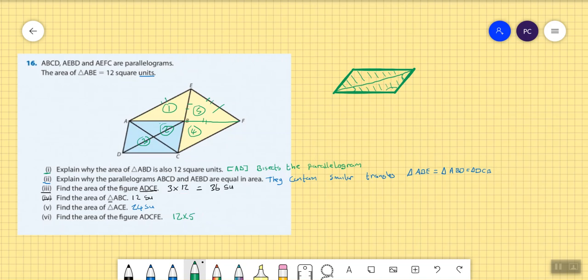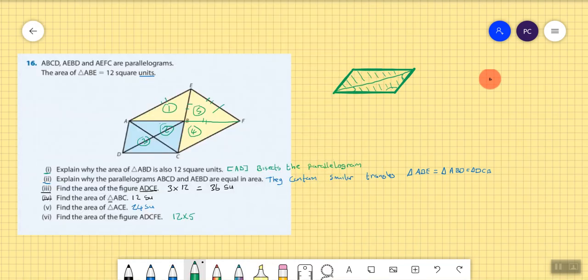Let's get the calculator. 12 multiplied by 5 is going to be equal to 60. So that's equal to 60 square units. So that's that one.